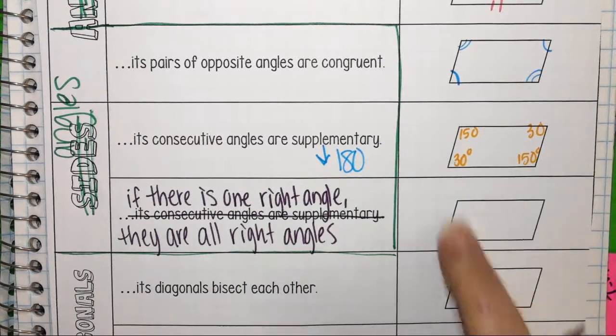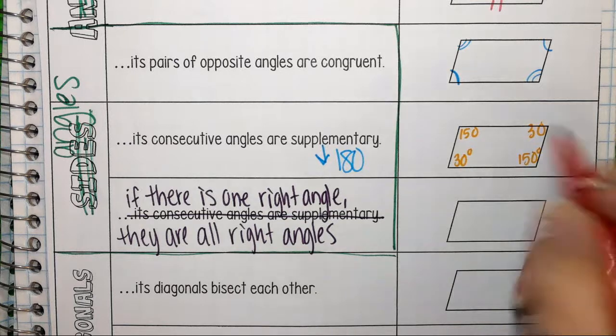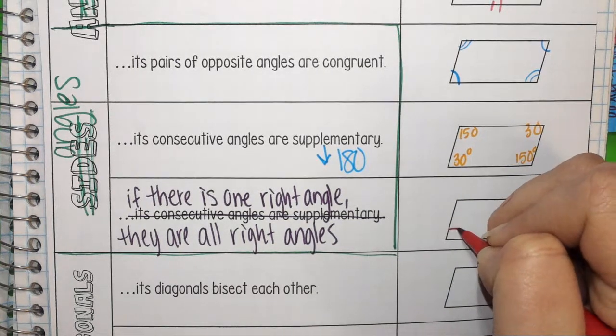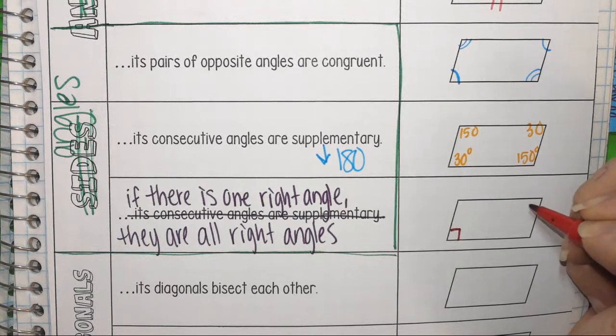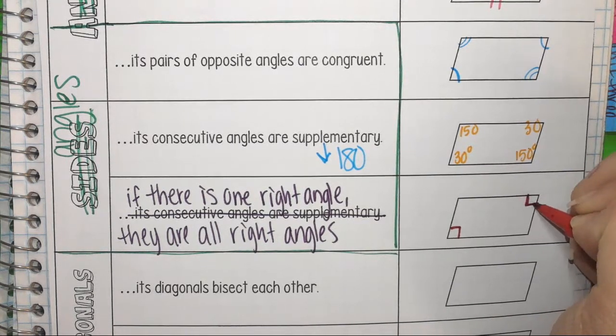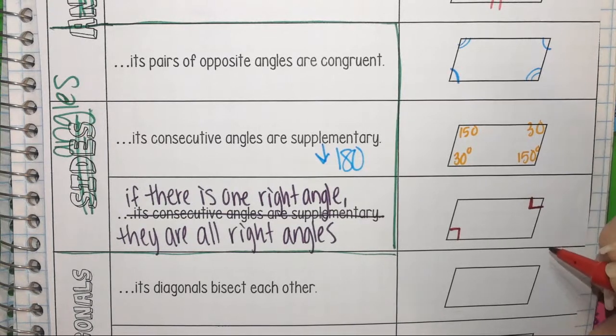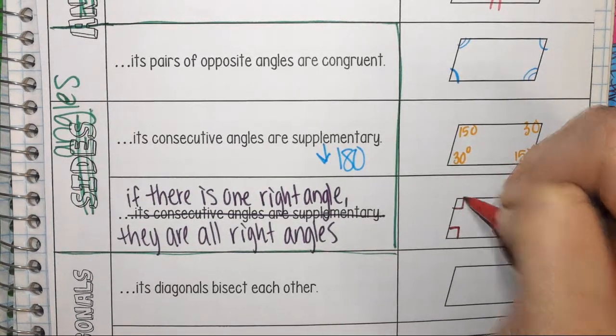And we're going to pretend that our parallelogram has right angles, okay? The reason is, if this is 90, that means that the opposite angle has to be congruent. So what's the opposite angle supposed to be? 90. And if they're supplementary, what's 180 minus 90? 90. So we have all right angles.